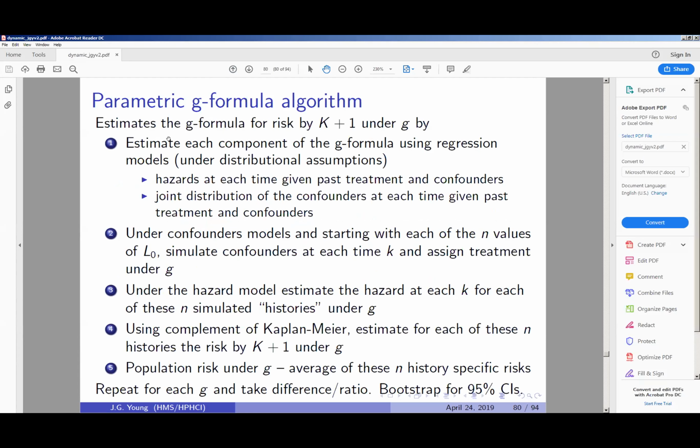This basically estimates the G-formula, that high dimensional sum over the L bars, by estimating each component with parametric models irrespective of the strategy, and then conducting a simulation where you generate the confounders and then assign the treatment according to the rule G. So the only step that changes by changing G is just how you assign treatment.